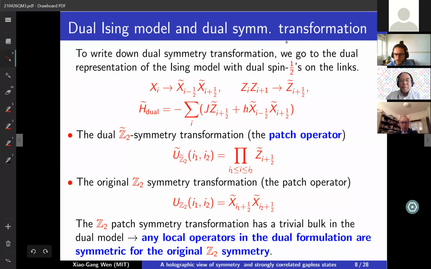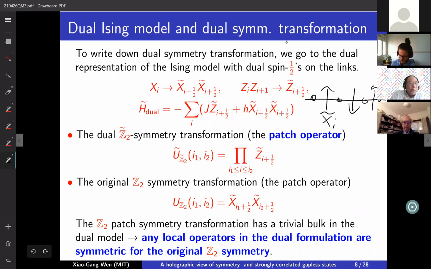For the dual symmetry, we need to go to the dual representation of the Ising model. In the dual representation, we have dual spins living on the links. So X tilde is described by this operator. We can transform the Ising model with spins living on the sites to an Ising model with spins living on the links.